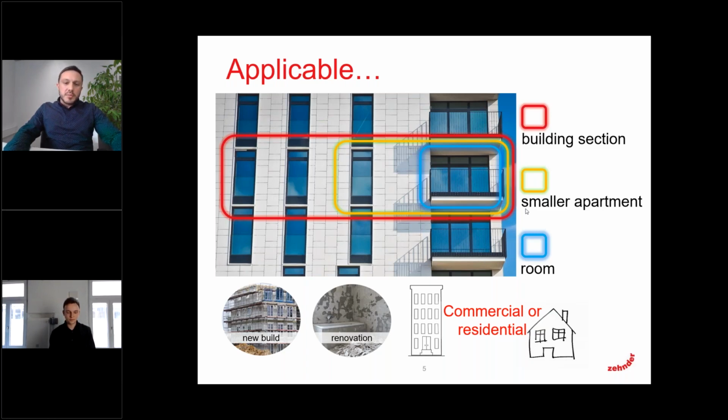So it can be used commercial or residential. And just to put it at one glance in a very easy way: a building section where only a section of a larger building has to be ventilated, a small apartment, which is also a kind of section of a building, or when only a room requires ventilation.